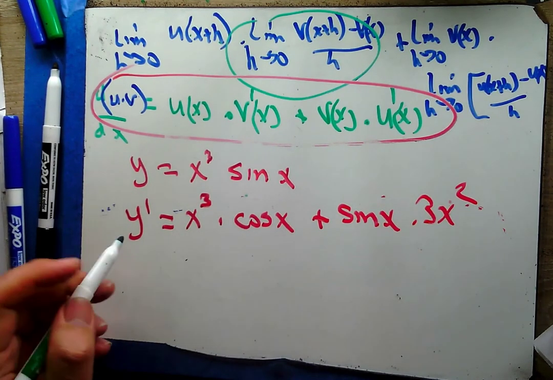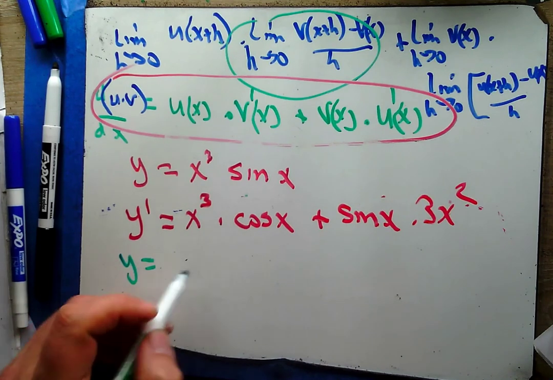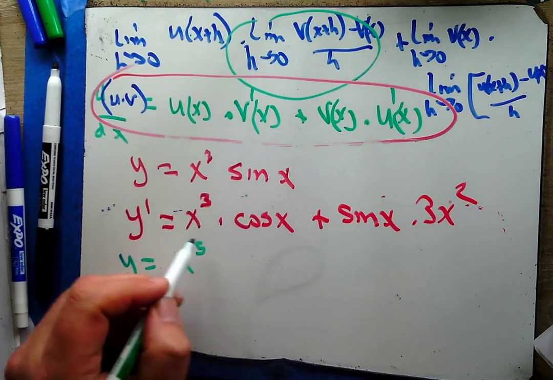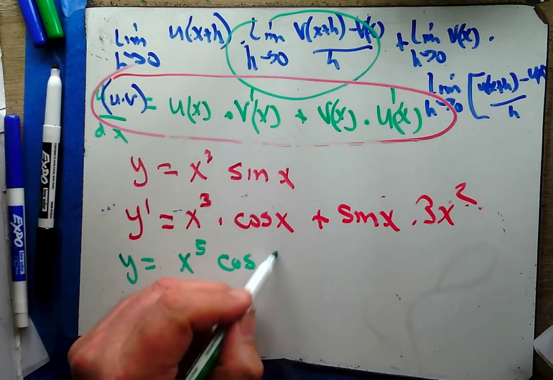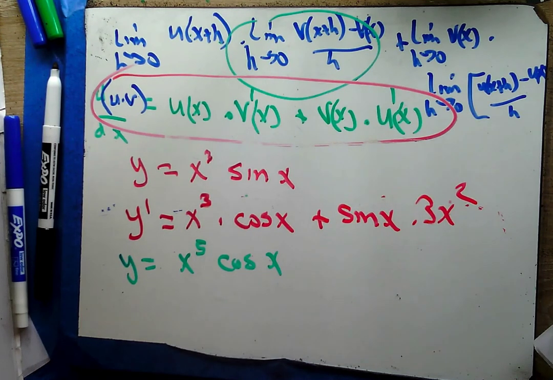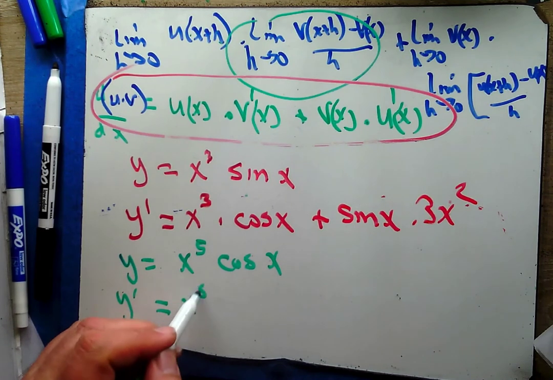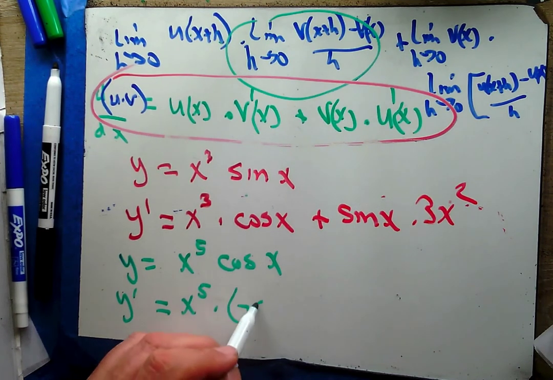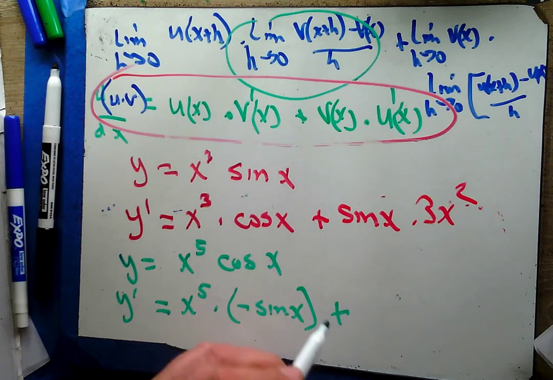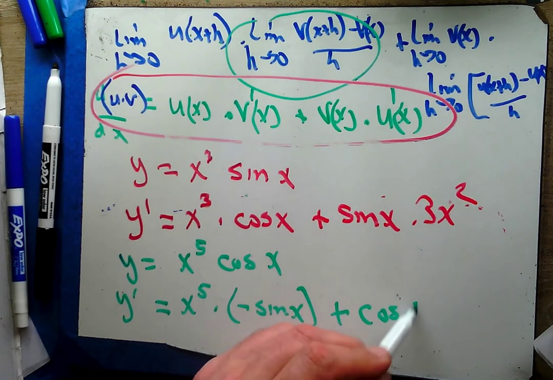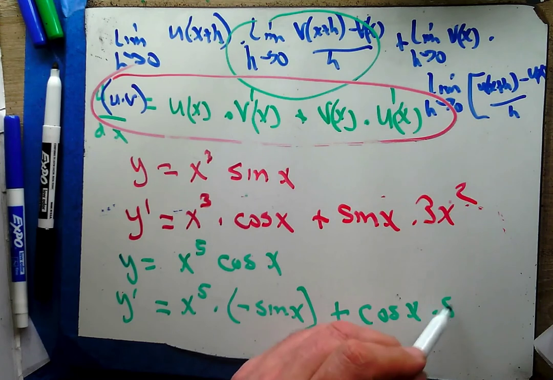Okay? If we have y equals x to the fifth cosine x, we know that y prime is going to be the first times the derivative of the second plus the second times the derivative of the first.